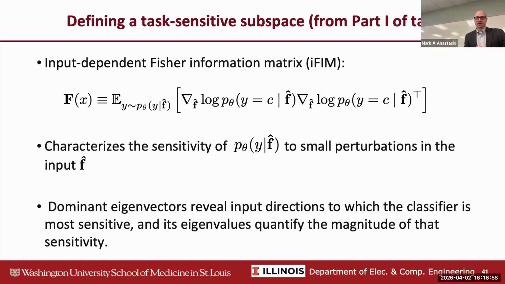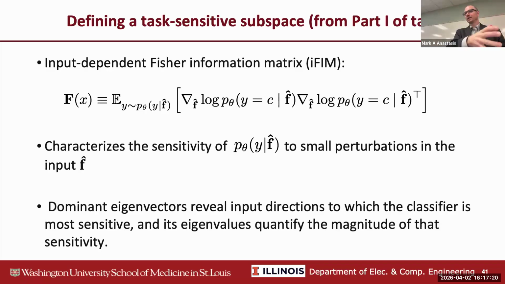Okay, so I can go quickly through this because we already talked about this in part one. How are we going to do it? We're basically going to repeat what we did in part one, but now the input to our classifier is not X, it's going to be our reconstructed image estimate F hat. So we'll compute the input dependent Fisher information matrix with respect to the input F hat, and do all of the machinery that we talked about in part one.